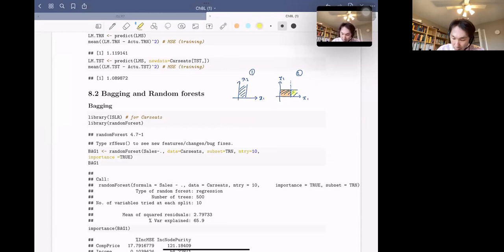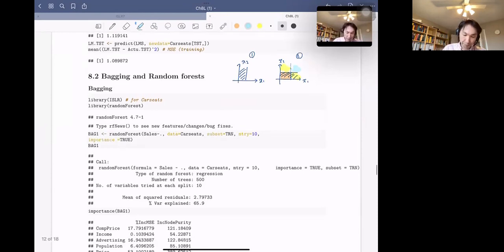And this part and this part are predicted as true for only one of the trees, and the remaining part is not predicted as true for both trees. So even if we use only one predictor at a time, the average of several trees still makes a more complicated surface.